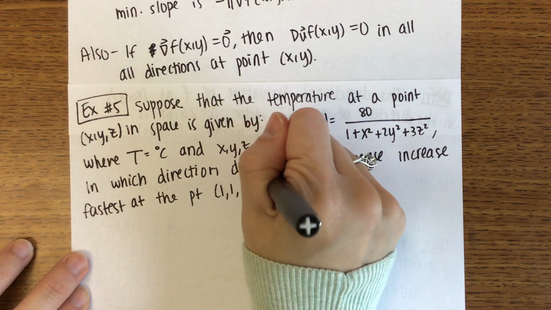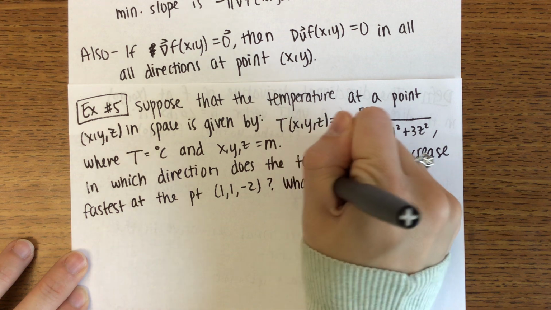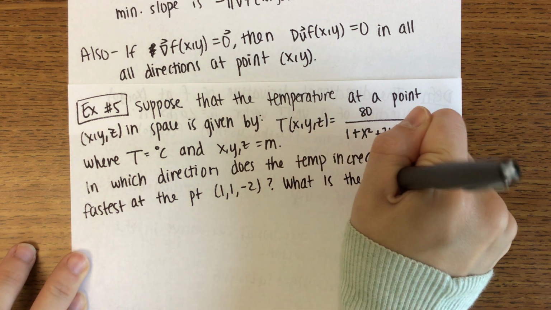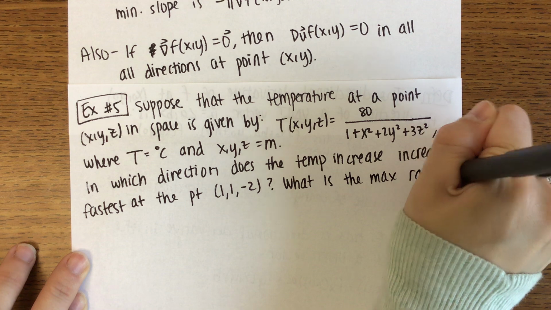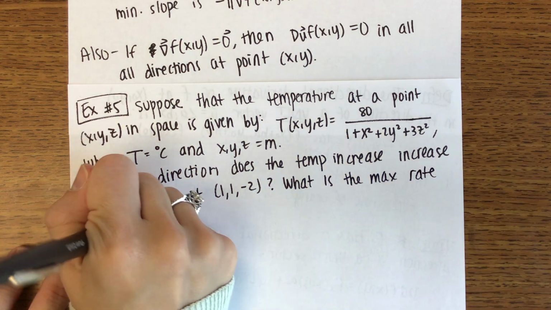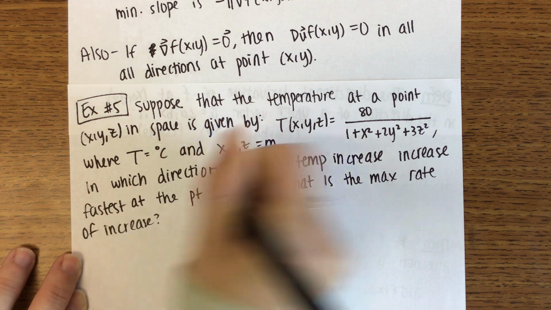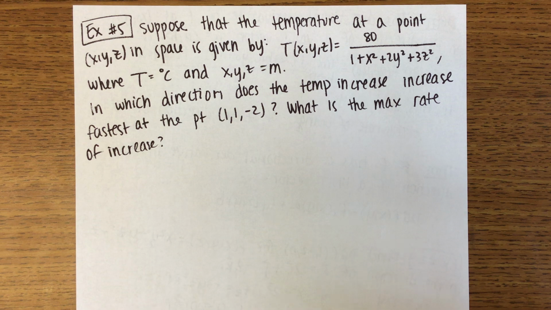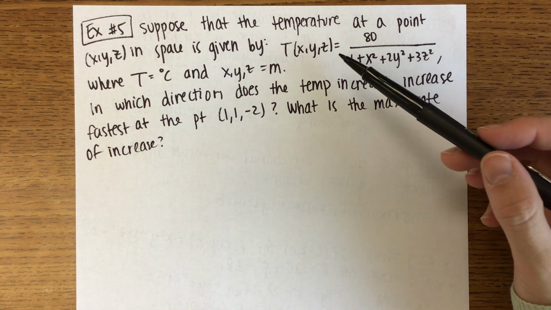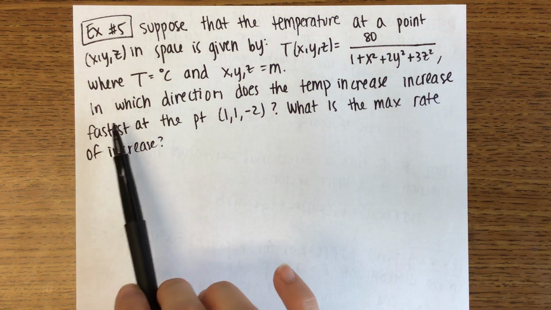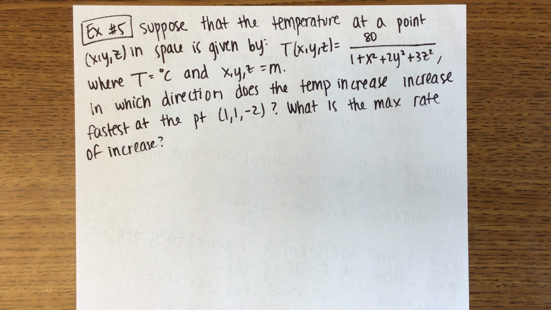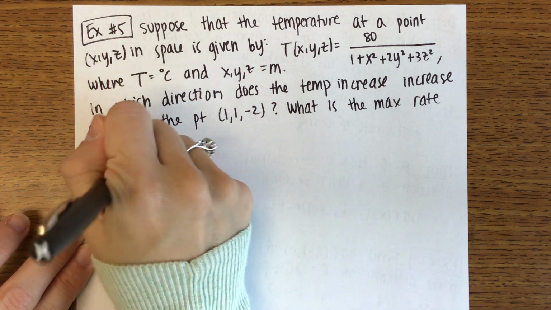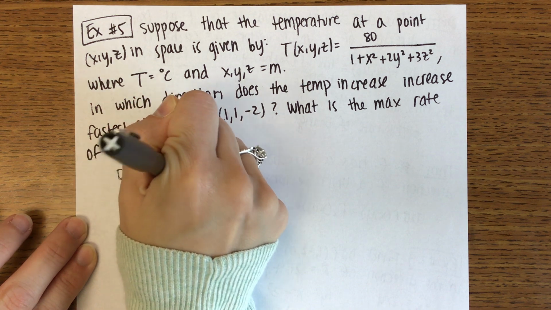And then what is the max rate of increase? Okay, so we have some function that gives us the temperature at a point in space. We want to know in which direction is the temperature increasing the fastest, and then what is the maximum rate of increase. Based on the theorem that we just wrote down, the direction is going to be the gradient.